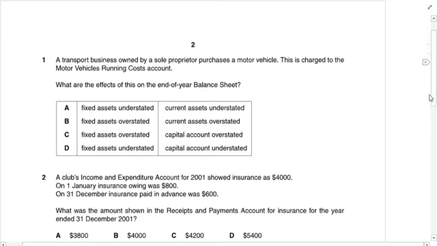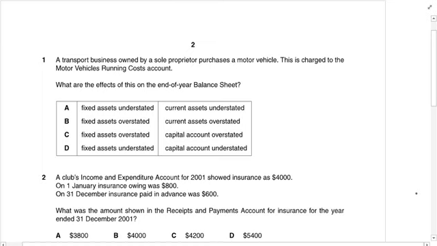Right, question number 1. A transport business owned by a sole proprietor purchased a motor vehicle. This is charged to the motor vehicle running cost account. What are the effects of this on the end of year balance sheet? Right, so we acquired a motor vehicle, but the motor vehicle ended up being entered as an expense.